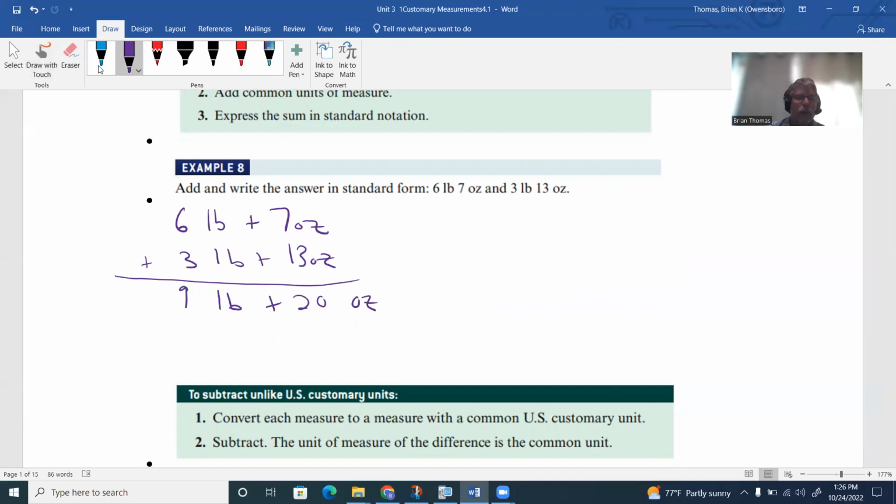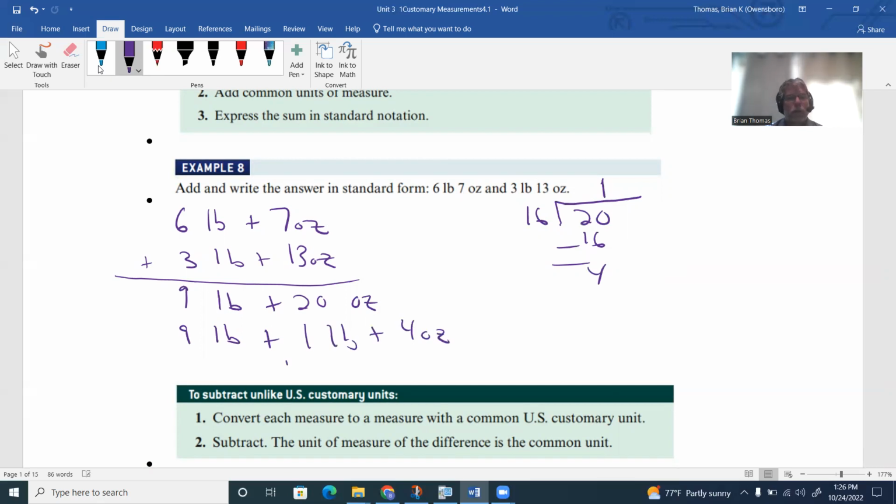The 20 ounces has to be converted because we know there are 16 ounces in a pound, so I can pull the larger unit out of the smaller unit. 16 goes into 20 one time with a remainder of 4. So the 9 pounds, and then the 20 ounces becomes 1 pound and 4 ounces. This becomes 10 pounds and 4 ounces in standard notation.